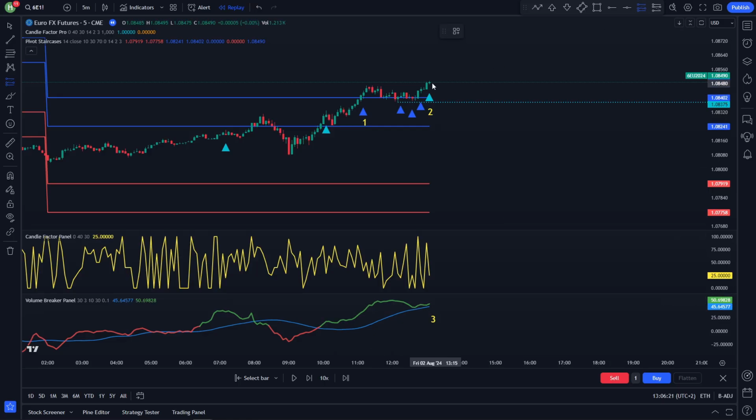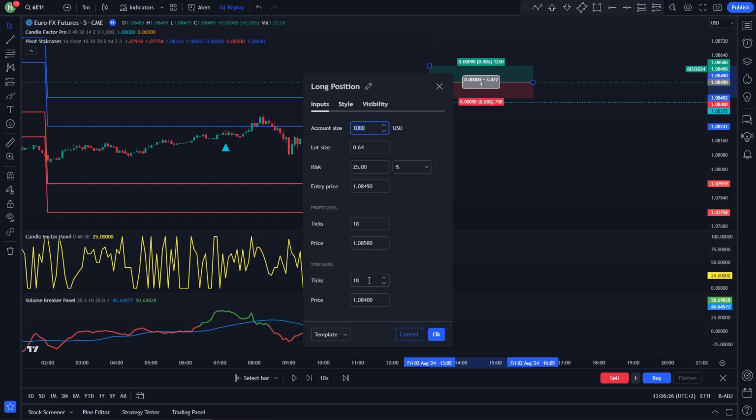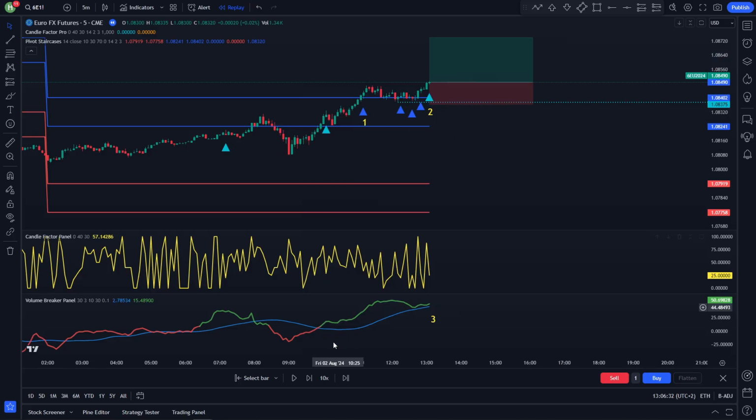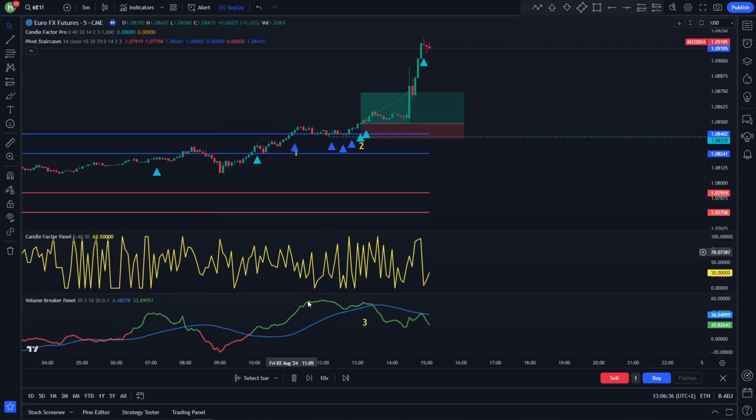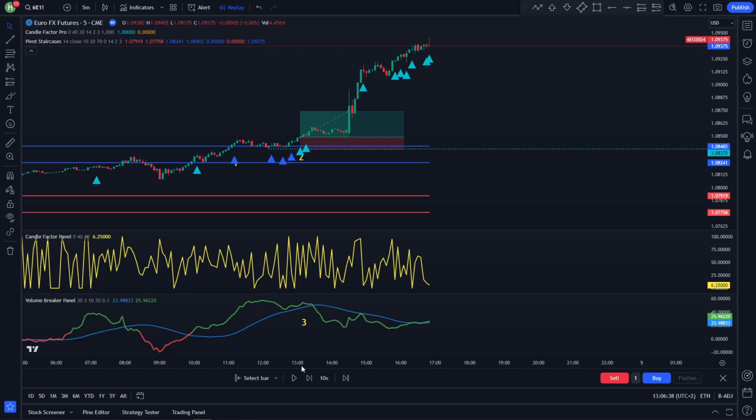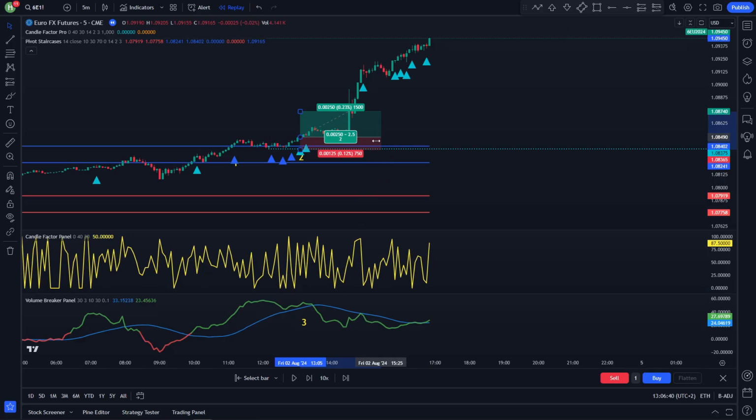So once the candle has closed, I will enter my buy trade. For the buy trade, I will place my stop loss below the recent swing and aim for 2 times the return. By following the same rules as before, the strategy can work across multiple instruments and time frames.